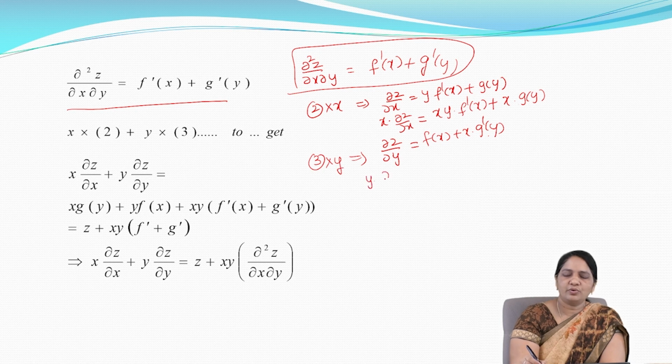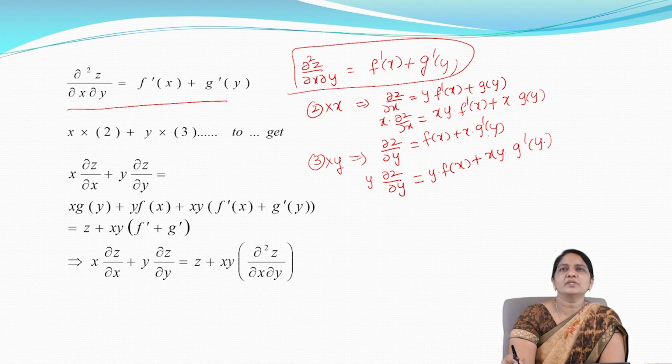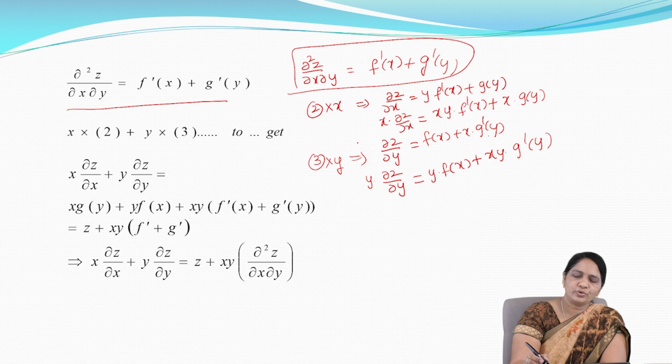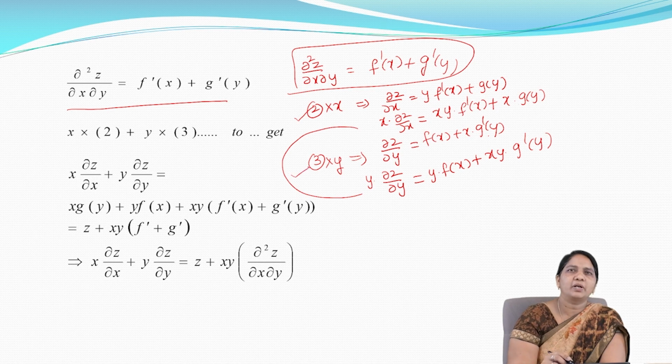So here y ∂z/∂y = y f(x) + xy g'(y). Now I am going to add these two after multiplying. The second equation is multiplied with x and the third equation is multiplied with y. Now I am going to add these equations. I am treating these as equation 4 and equation 5. So I am going to do equation 4 plus equation 5.